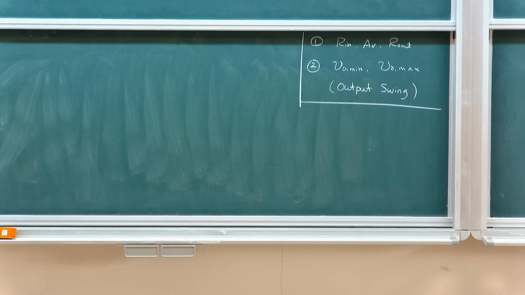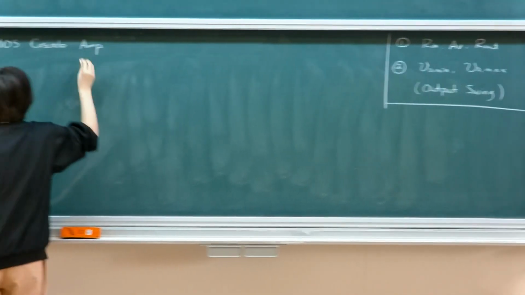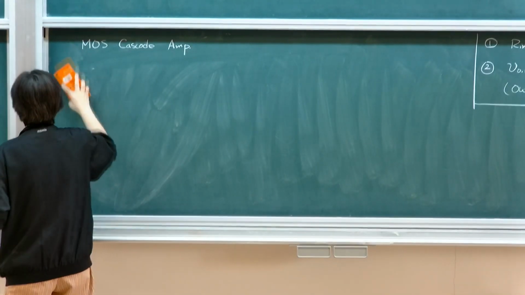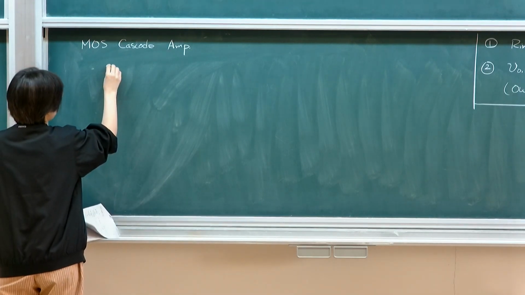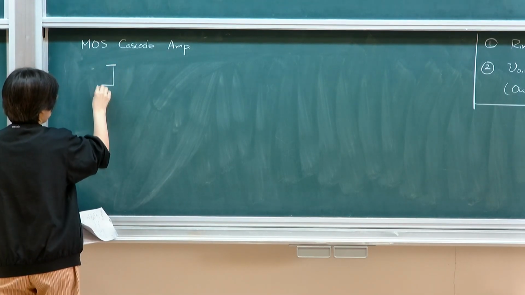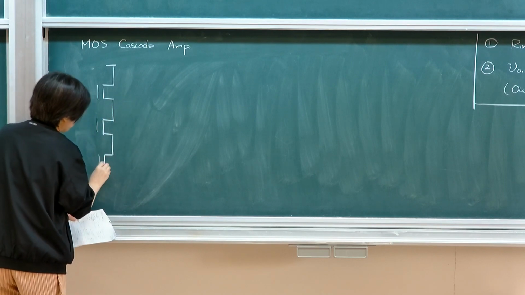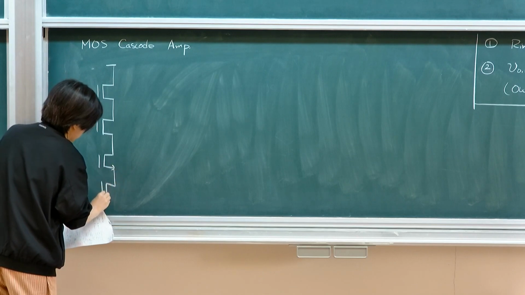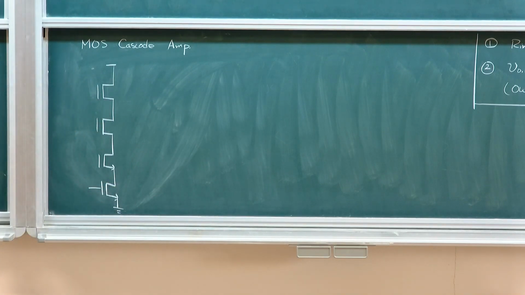So I'm going to use an example. A real operational MOS cascode amplifier will look something more like this. Remember, you have 2 N channel at the bottom for amplification. Let me ask you one question. Why don't I want to flip it?